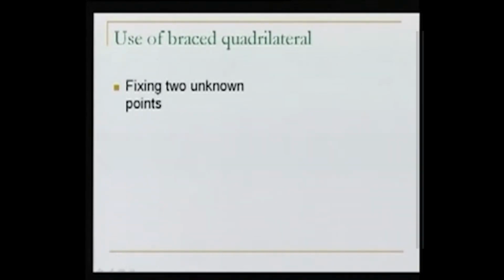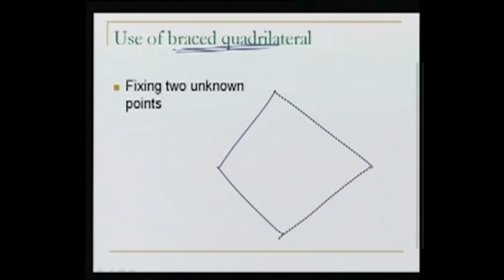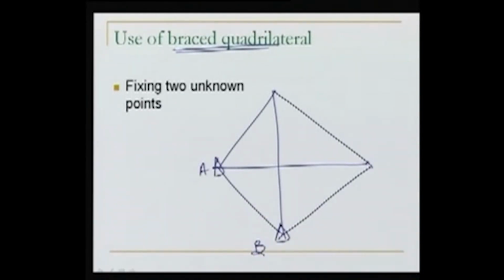Now a little bit about why we need the base quadrilateral. Basically, we know point A, let us say, and point B. These 2 points are known, so this length is also known. And by observing these angles, we are aiming to establish points C and D also.